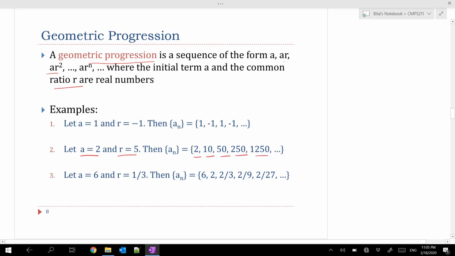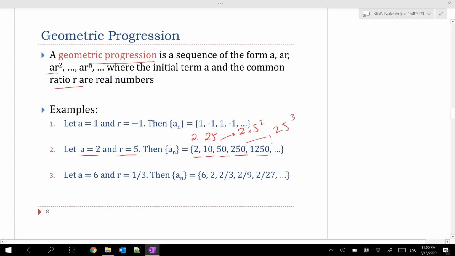Okay, so I think you can rewrite them somehow as 2 times 5, 2 times 5 squared, 2 times 5 cubed, and so on and so forth.